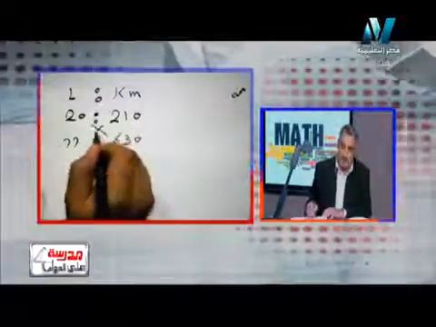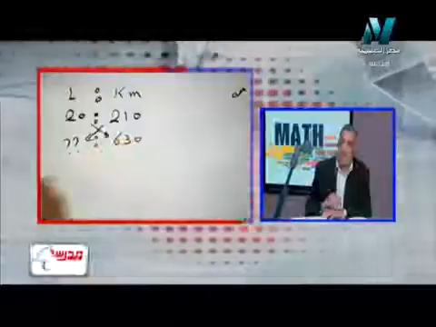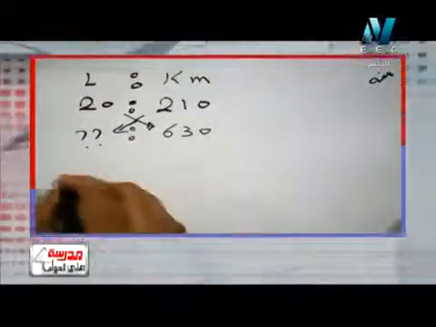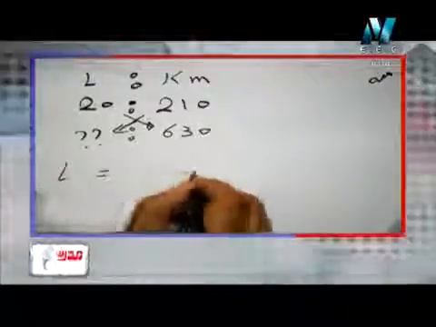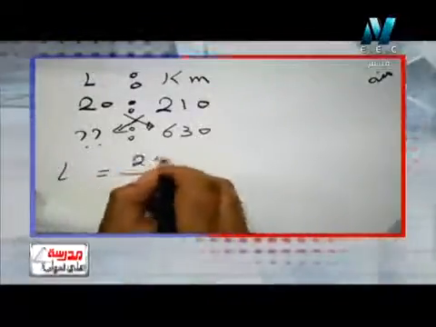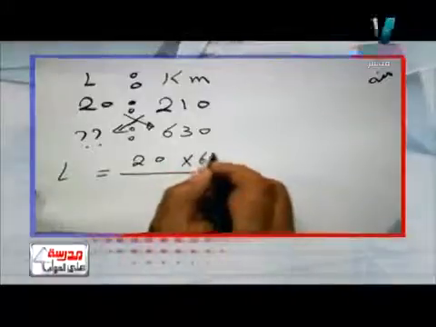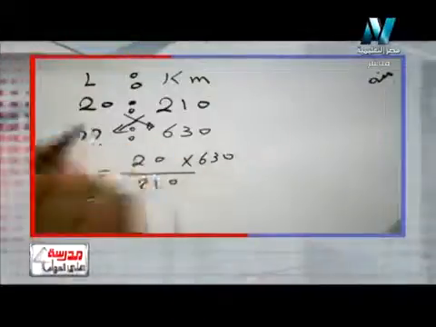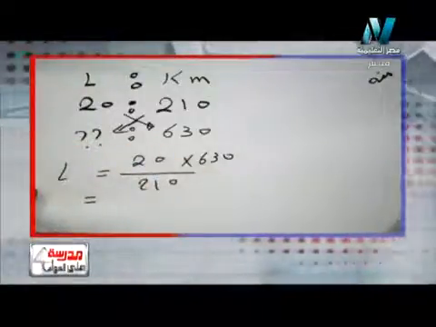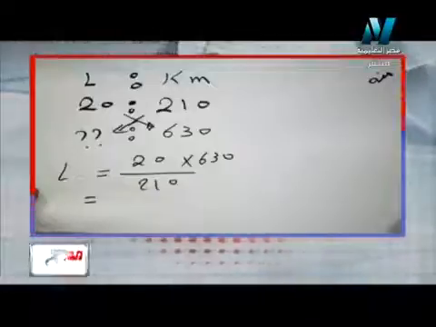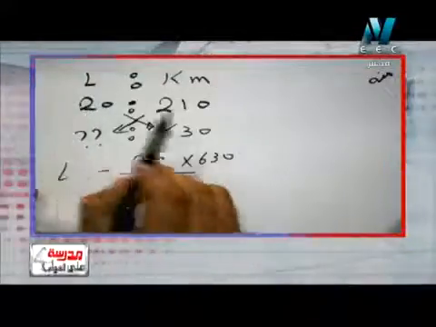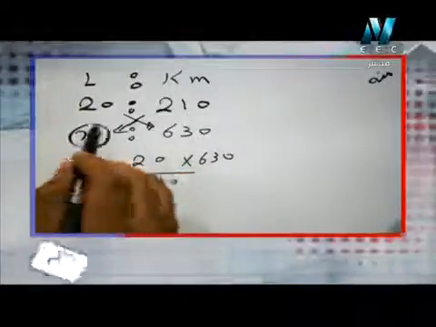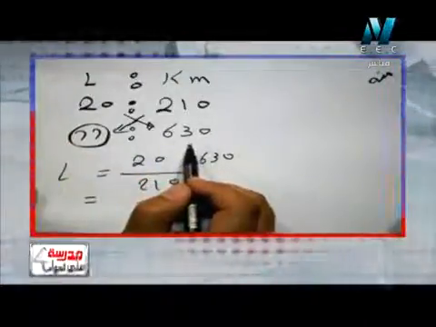Maybe she solved it but couldn't call us again. So we say the number needed, the liters. Very good: 20 times 630 over 210. Cross multiply, the same rule: the product of means equals the product of extremes. 20 liters for 210 kilometers; how many liters are needed to cover 630 kilometers?